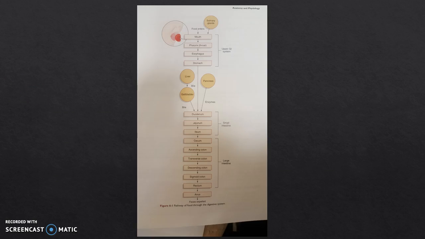As far as the digestive system goes, this is in your book, and there's a lot of really good diagrams in your book, so I would suggest you get the book out and look at this, because a lot of this quiz is about anatomy.